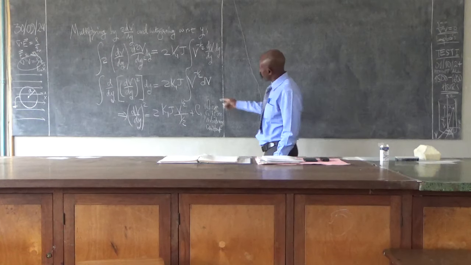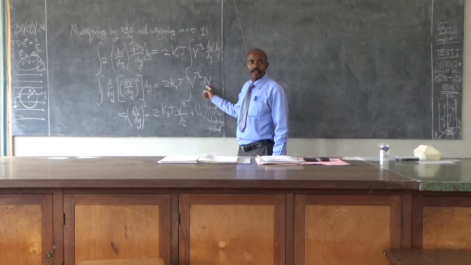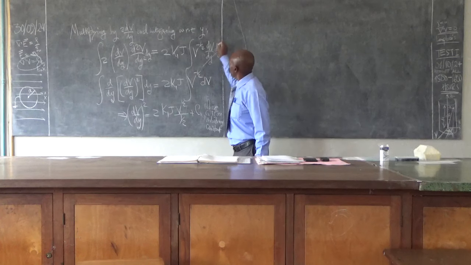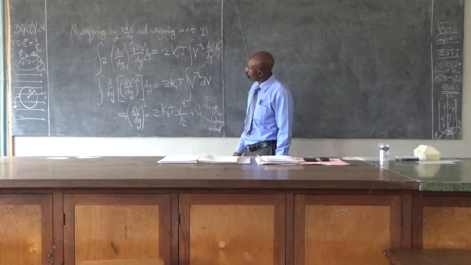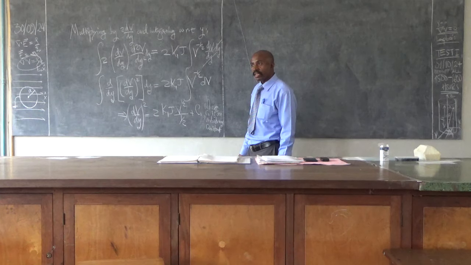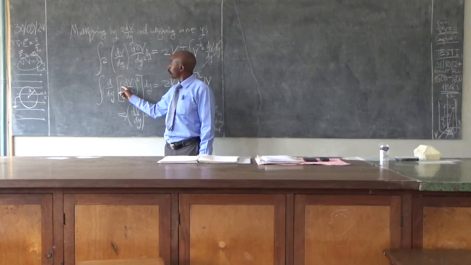Anyone having issues with where the V came from? When you differentiate this one, you get 2V dV dy.